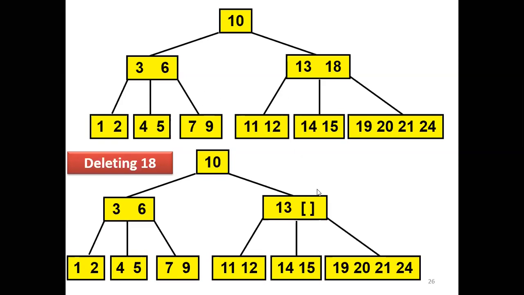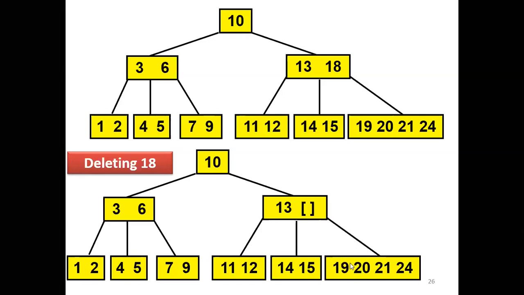What we can do is borrow a data item from the adjacent node. We can borrow from this node here because all the data items here are greater than this. And if we borrow here, we're going to have 1 data item left, which violates the rule as well.